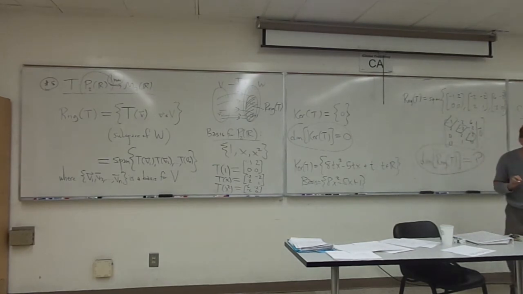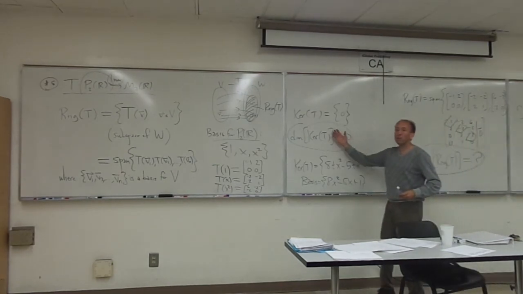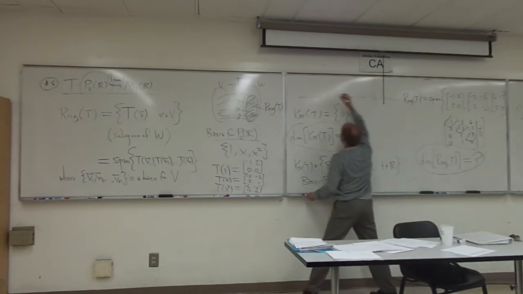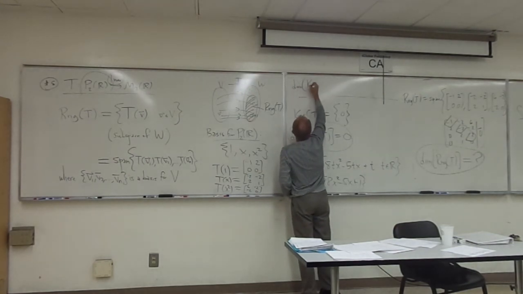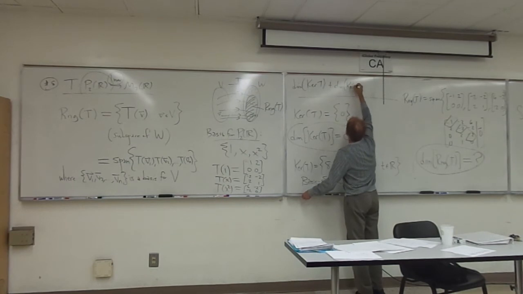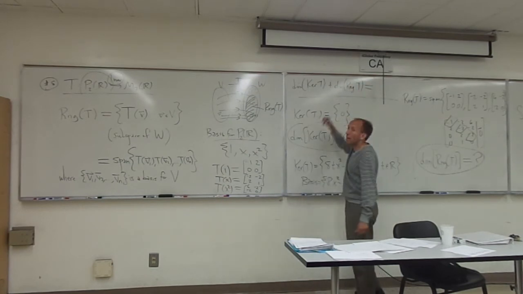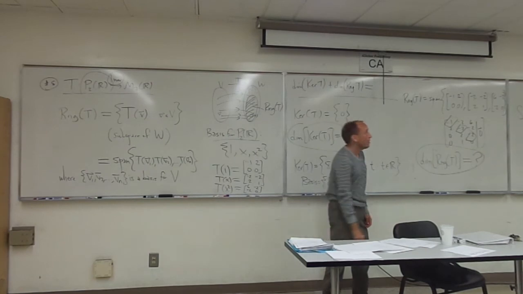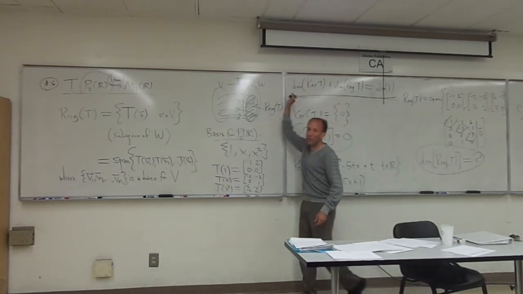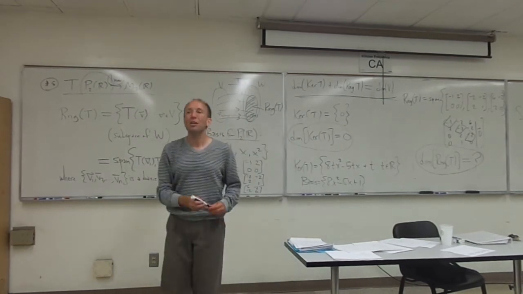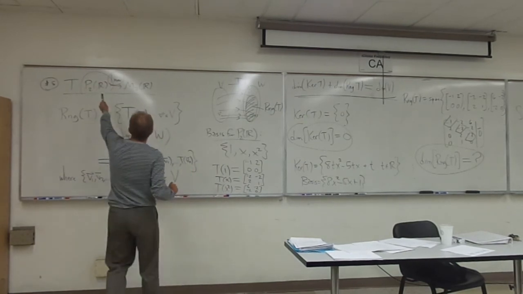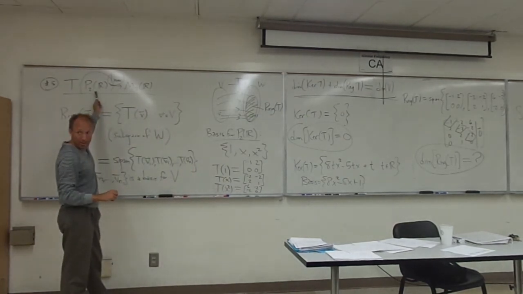Okay, the dimension of the kernel plus the dimension of the range. This is really neat. I'm going to write it here. You can use this anytime you want. Turns out it adds up to the dimension of V. Always the dimension of the input vector space V, which in this case was 3.